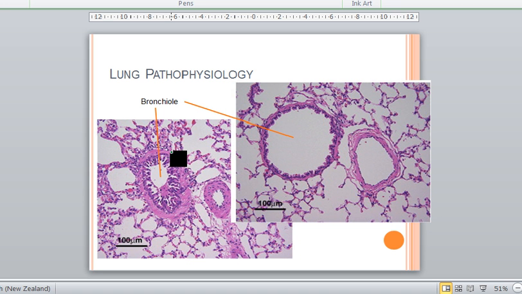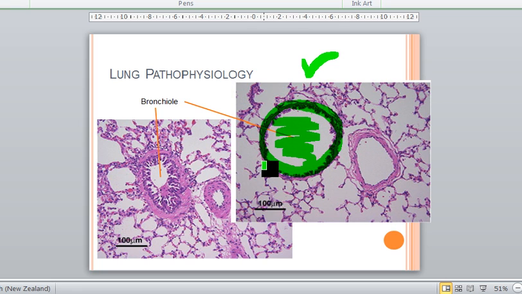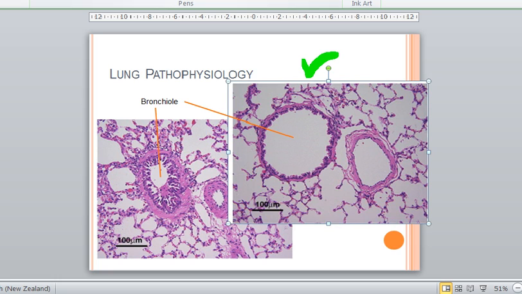So if I just explain this with the real thing, these are real histology slides. This is normal lung here, and you can see that you have a nice opened bronchiole, a lot of space in here for air to come in and out and reach the alveoli, which are these little pieces here.